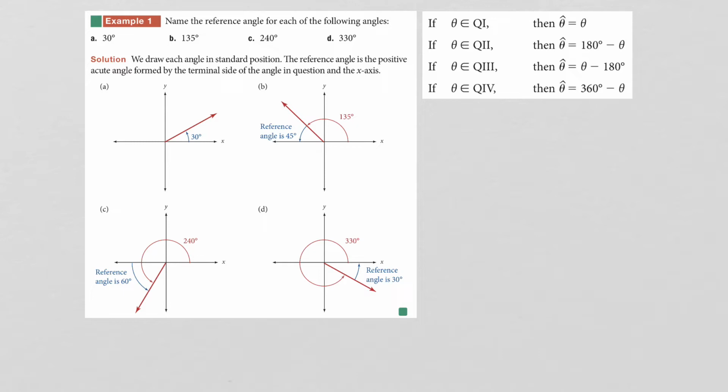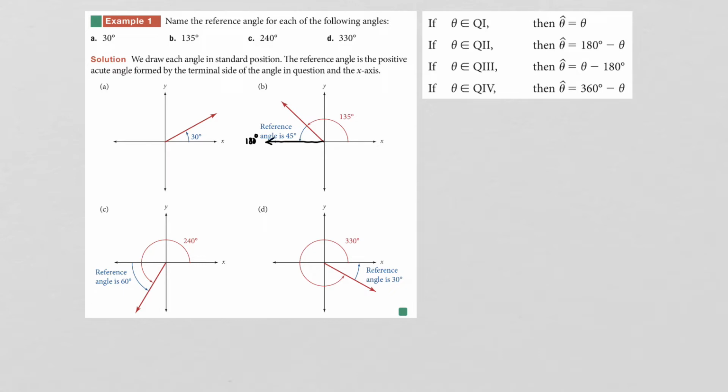For the next one, we have 135 degrees. If you draw 135 degrees in standard position, it will terminate in the second quadrant. And the reference angle here is 45 degrees. Now, the way we get 45 degrees here is that we know this angle here is 180 degrees.